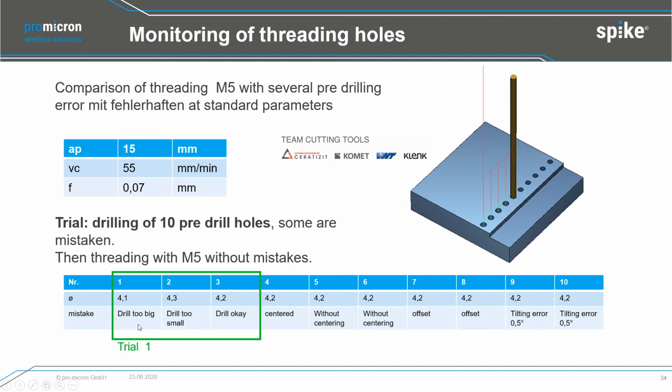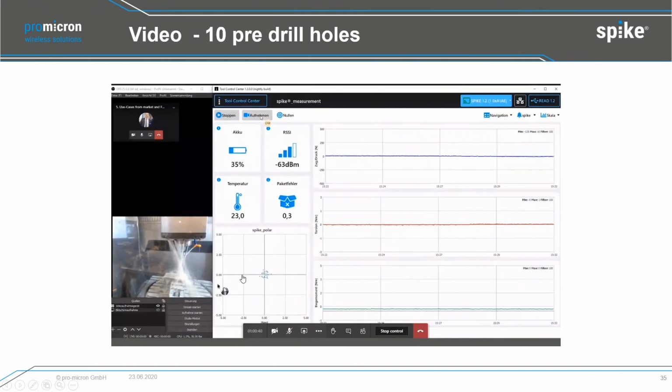Let's have a look at the first trial. In the first trial, we wanted to see, do we see any effect in the data and in the quality if we have too big or too small diameters. This is the screen you remember. We have the Tool Control Center software, and we have here a picture inside the machine, with a video inside the machine.